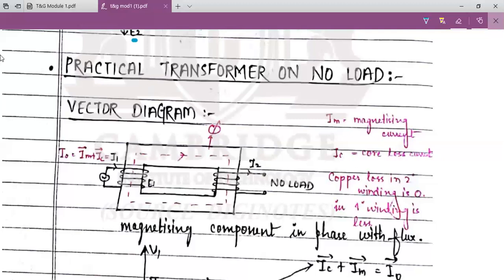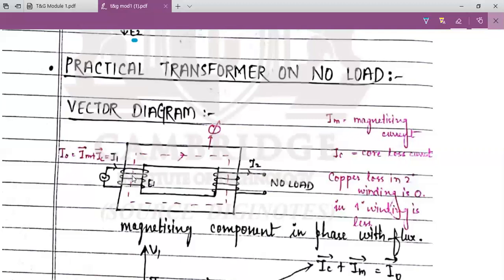Here they were not given the resistance and inductances, but a practical transformer is nothing but one with a loss. Where there is a resistance, there is loss.